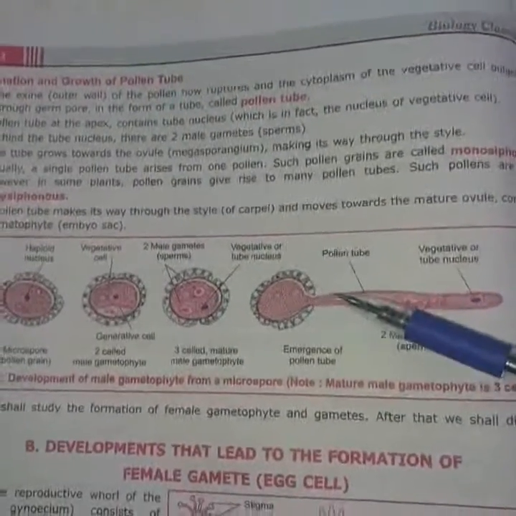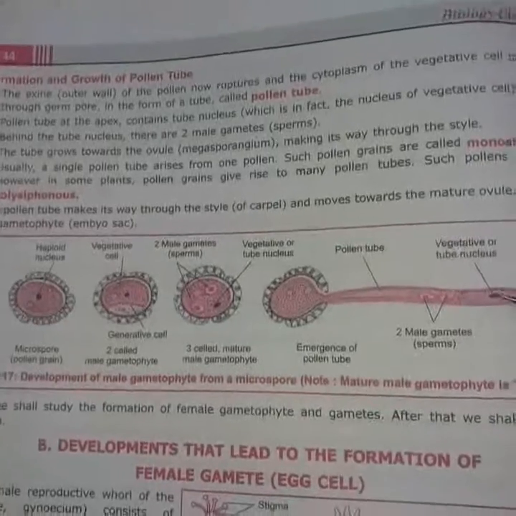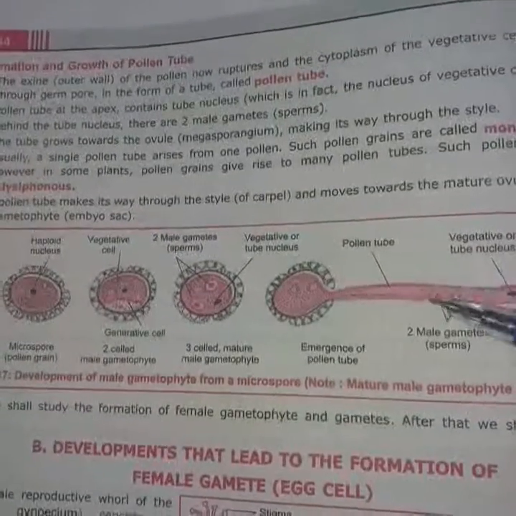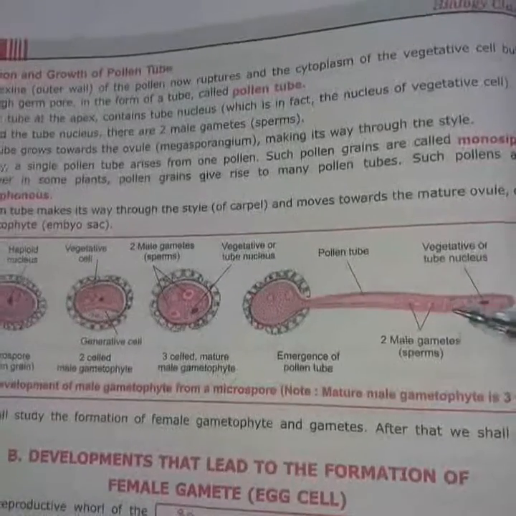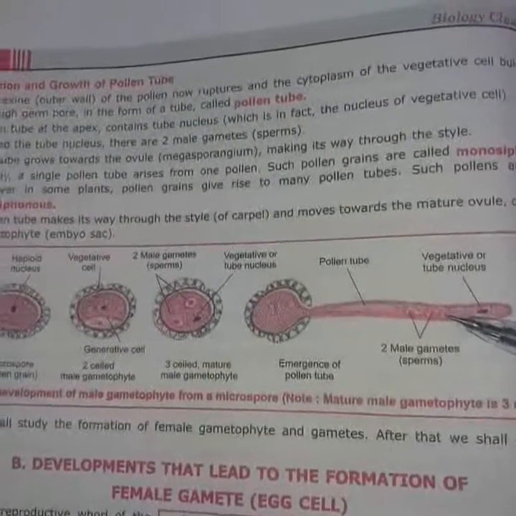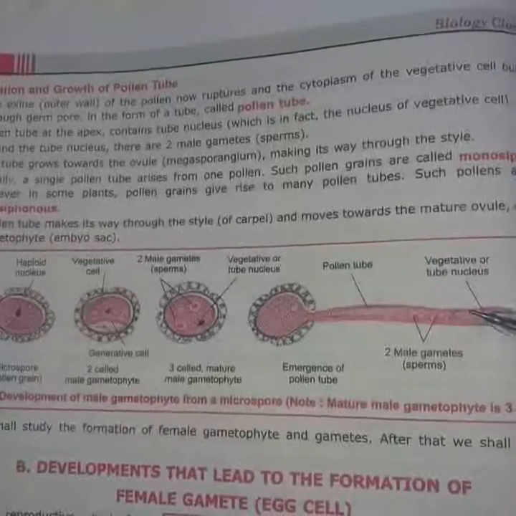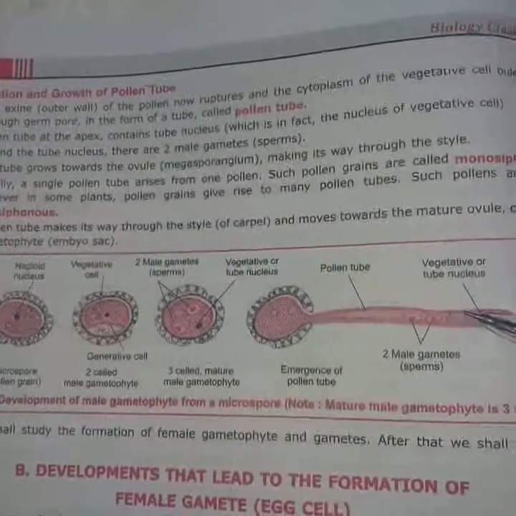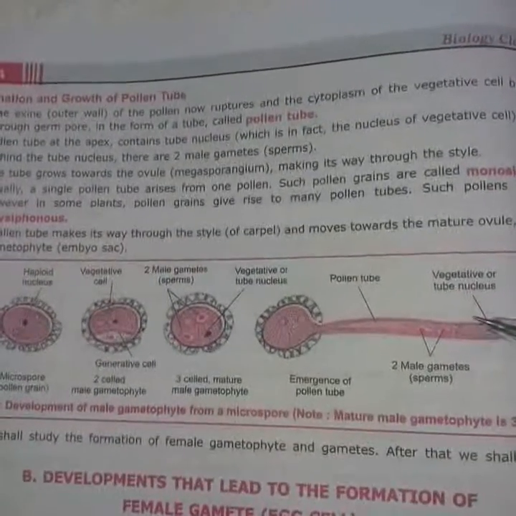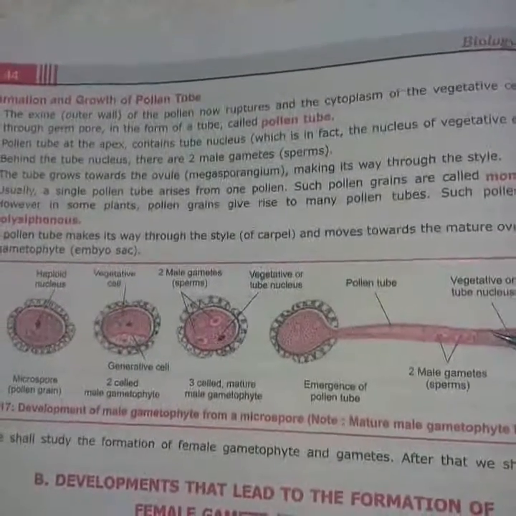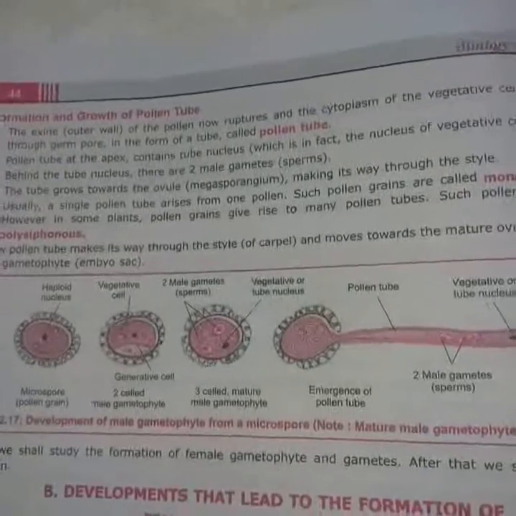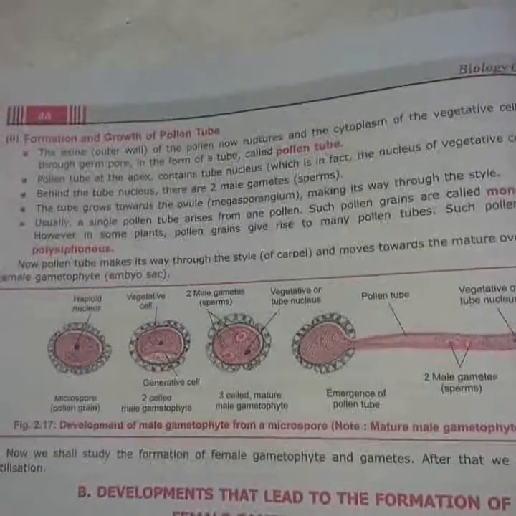After germination, the pollen tube, containing male gametes and the vegetative nucleus, passes through the style or carpel and reaches the mature ovules.